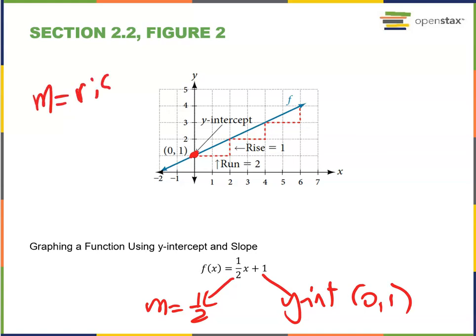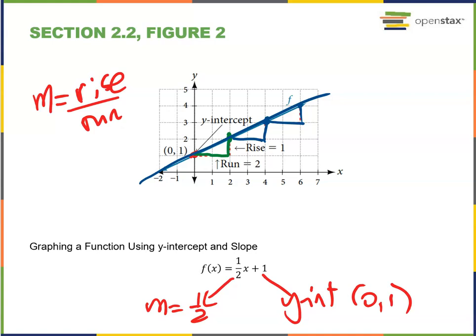Slope is rise over run. This 2 is positive, so you can go 2 to the right, 1, 2. Rise is 1, so you go up 1. So that's 1 point. Then 2 to the right, up 1. That's another point. 2 to the right, up 1, another point. And when you connect those dots, that is going to be your line.